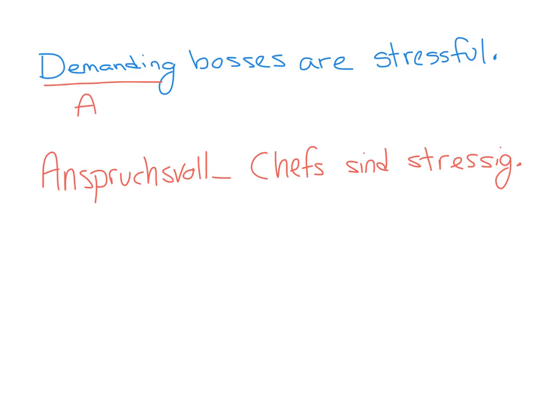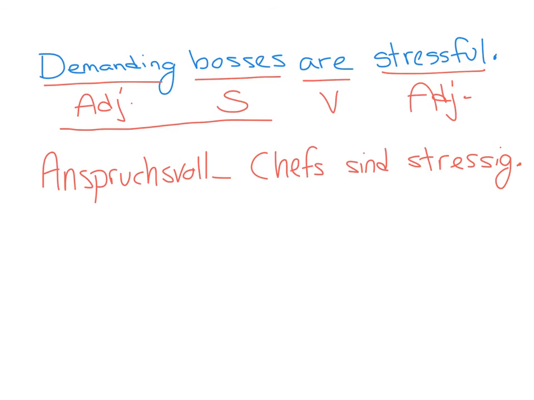We have the subject, what we're talking about. We have a verb, and we have another adjective. So if that adjective is describing the subject, we're looking at the nominative case. Chefs or bosses is plural. So if I'm thinking about Reese, Nisi, Merman, nominative is the Reese line, plurals get that e at the end. So anspruchsvolle Chefs sind stressig.